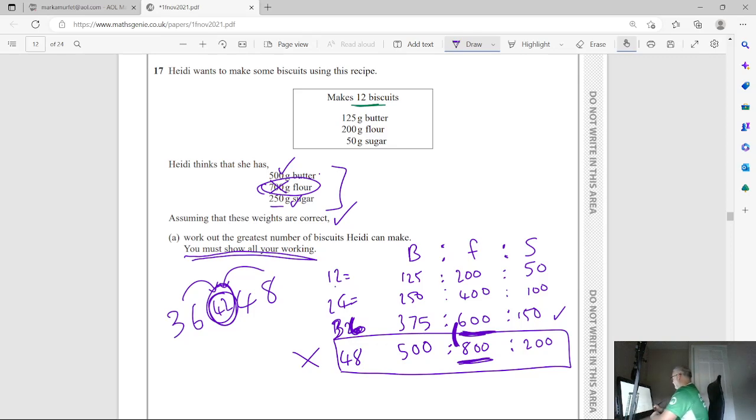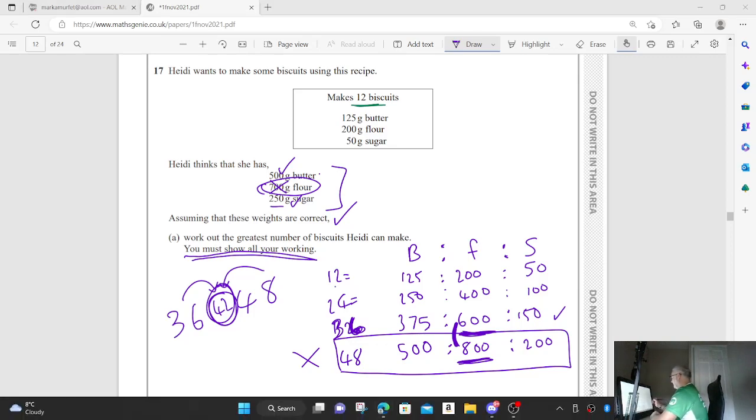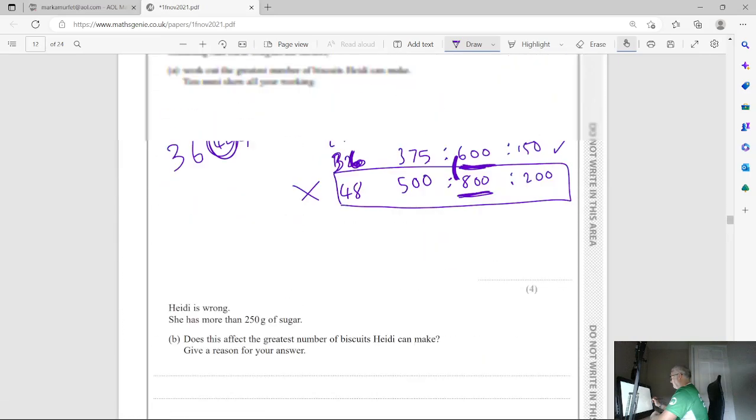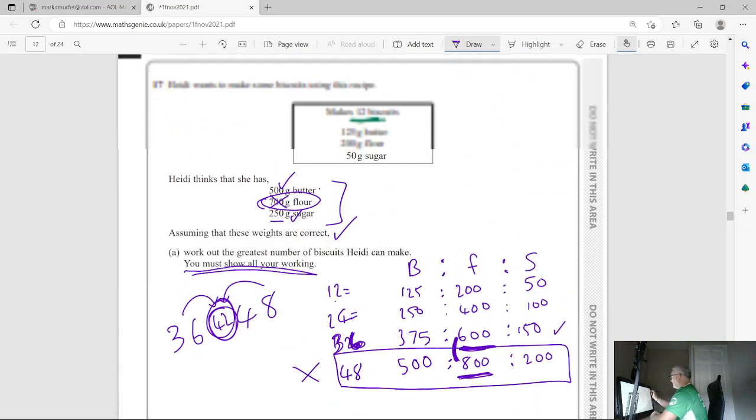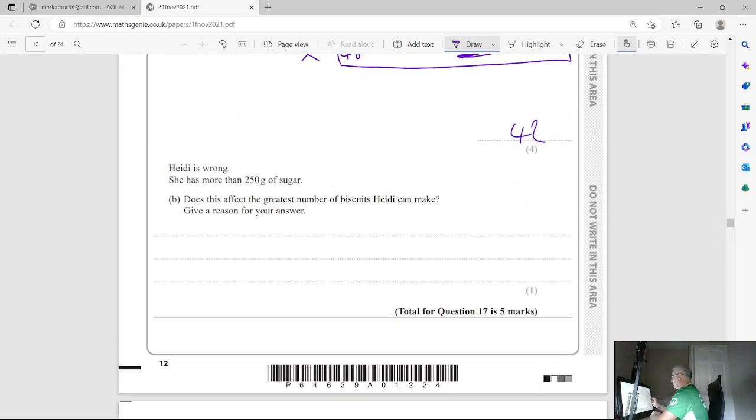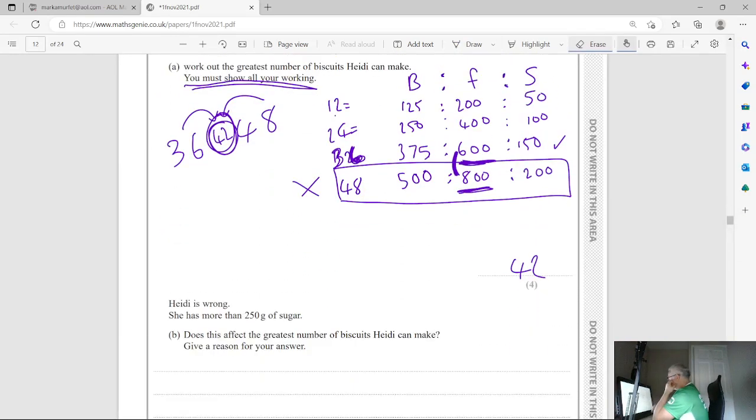To do 42 biscuits, if we want to check it, I'm going to put 42 down there. Again, if we want to check that, let's go back to the top of our sum here and say 12 biscuits equals 200 grams of flour. 6 biscuits is half of that.